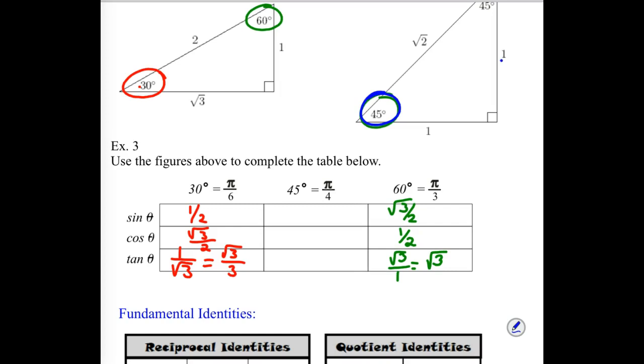So opposite would be 1/√2. Rationalized, we would write that as √2/2. Yep. How about cosine of 45? It's going to be the same, right? Because opposite and adjacent are both 1s. All right, so 1/√2, again, rationalized would be √2/2. And the tangent is just 1.